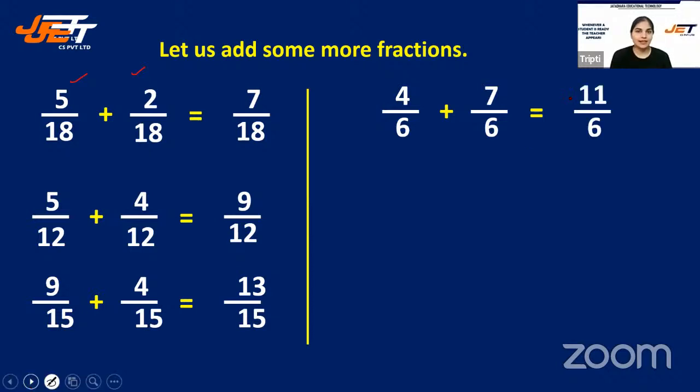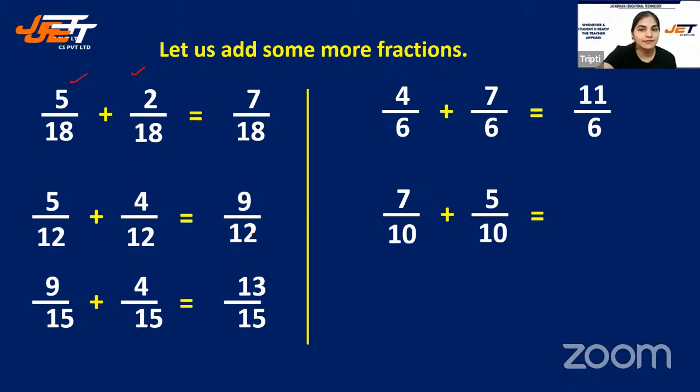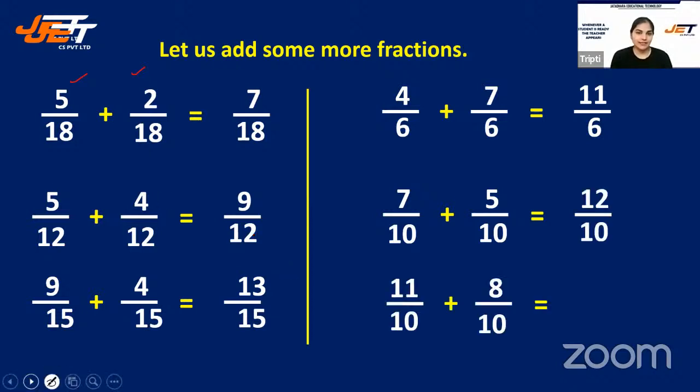That is 11 by 6. 7 by 10 plus 5 by 10. 7 plus 5 is 12. 12 by 10 is the answer.